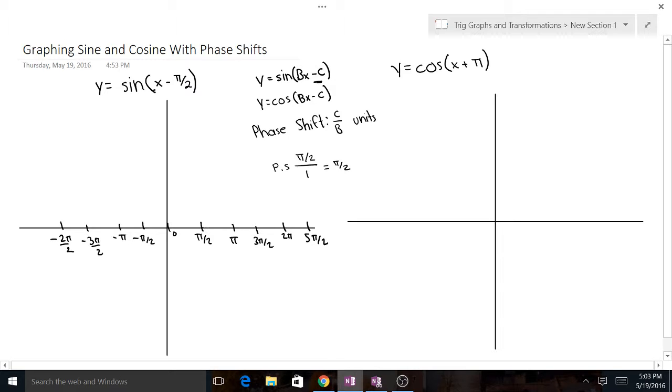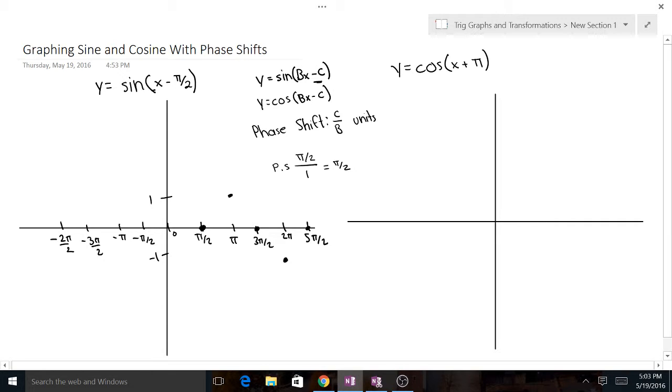So this is what I would do. I would draw in my starting point here. Nothing else has changed. There's no new amplitude or anything. Let's draw in our 1 and negative 1. So the graph is going to look pretty similar to a normal sine function. It's literally just going to be over pi over 2 units. So I would just say, we're going to go up first, and we're going to go down, and then up again. Then that looks like it's my first period of my sine.